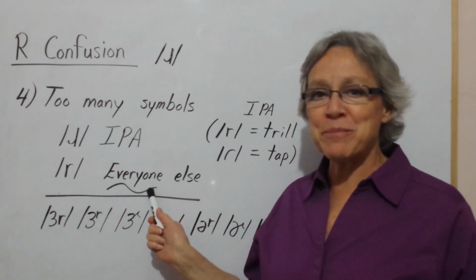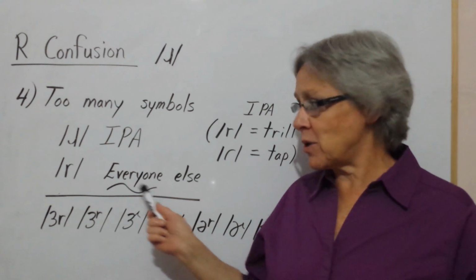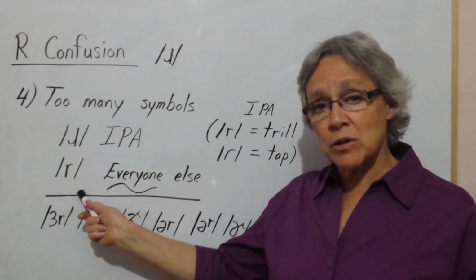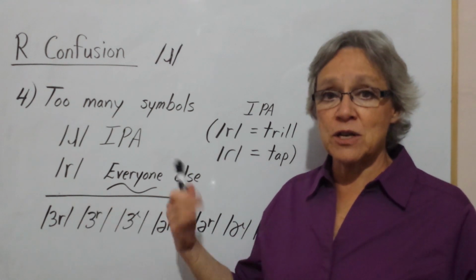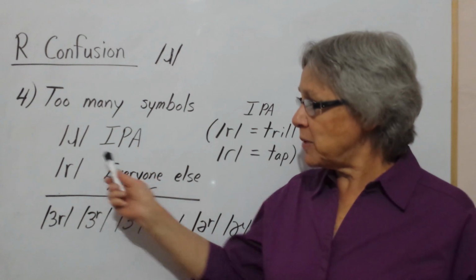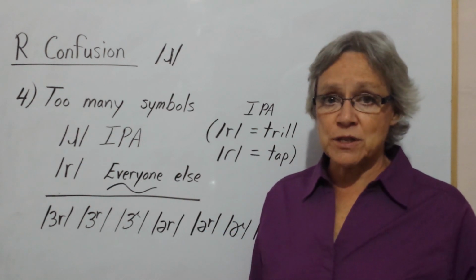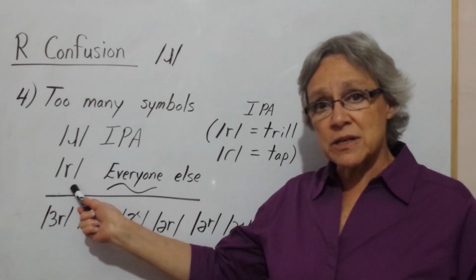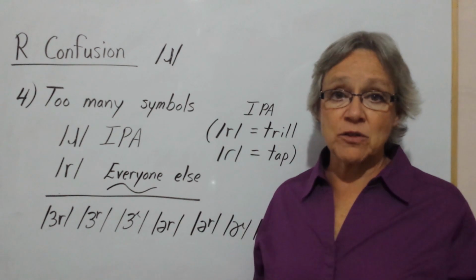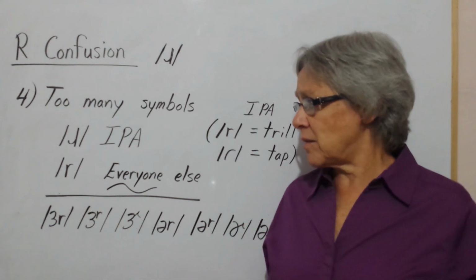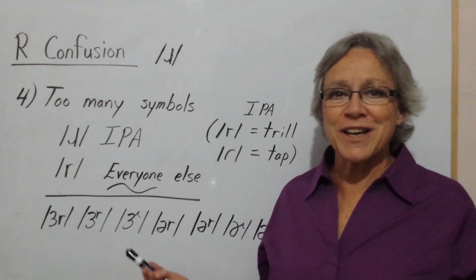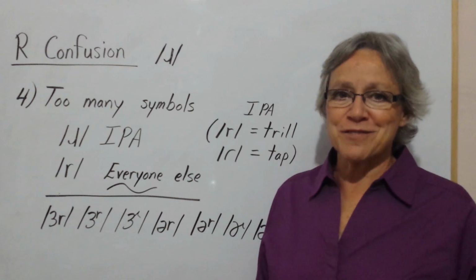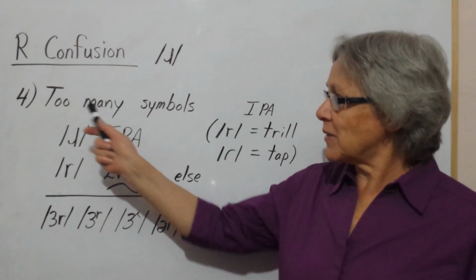I am exaggerating a bit when I say everyone uses this, but many other resources use this symbol for the R sound as used in American English, but the IPA uses this symbol, so that can be confusing to some people. Even in my own videos, I use this. That's what I was taught, that's what I see everywhere, and I find people do get used to it, I guess students get used to it as well, but there is some confusion here for many people.